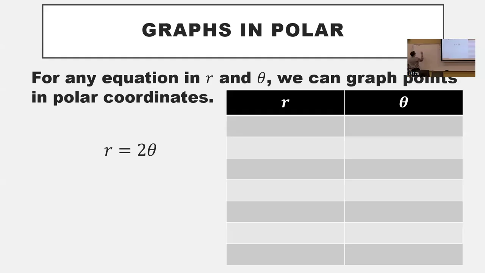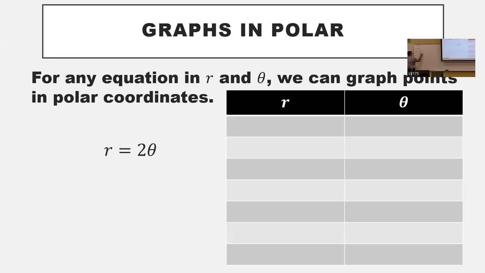So like in this case, r is equal to 2 times theta. And we could set up a table with a bunch of r values and a bunch of theta values. And it could give me a graph.